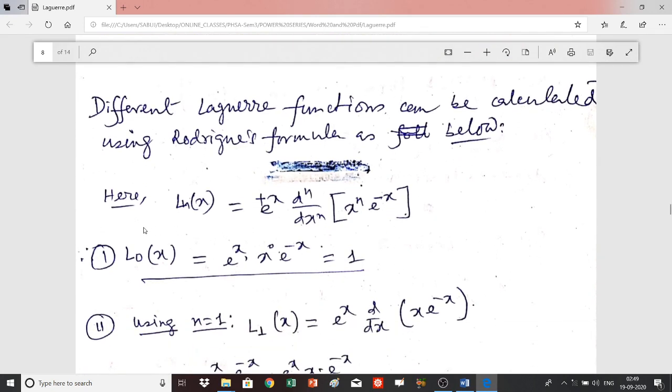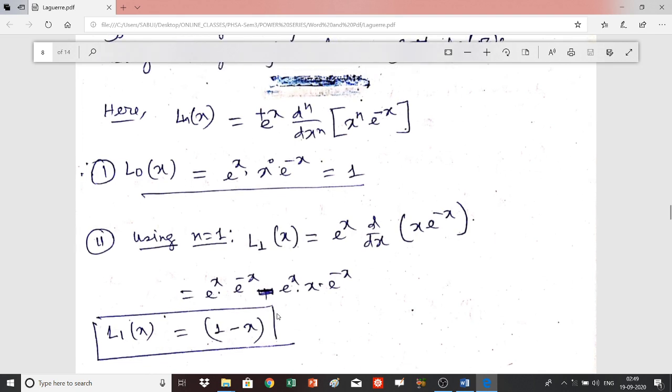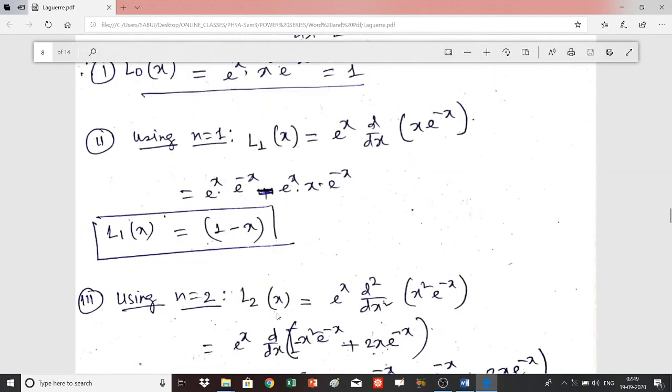Just use n is equal to 0 in this expression, you will get L0(x) equal to 1. The calculation is given here, and then using n is equal to 1 in this expression, you will obtain L1(x) is equal to 1 minus x. And just remember that this was also calculated using the general expression of the Laguerre polynomials.